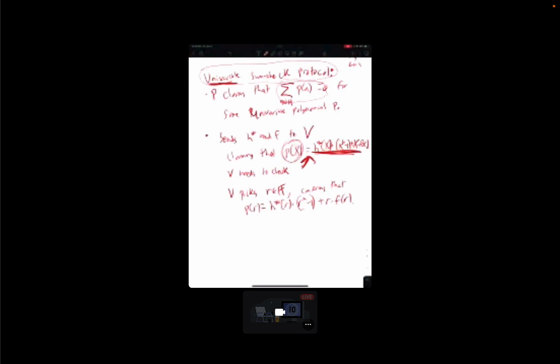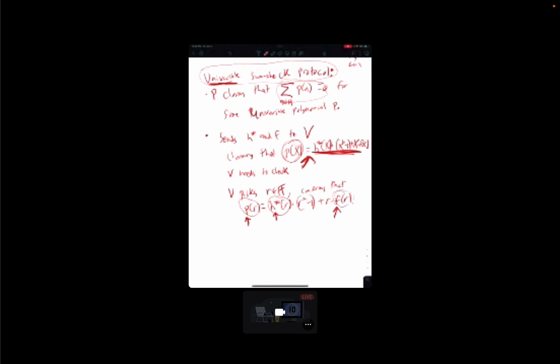Okay, so in Marlin, when this gets applied, P will already be committed before the univariate sum check protocol even starts, and then the prover commits to H star and F during the univariate sum check protocol. And so each of these three evaluations are going to come from the polynomial commitment scheme, more or less.